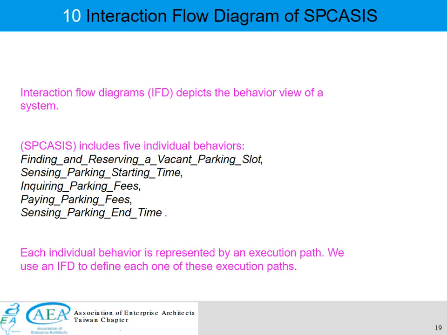Chapter 10. Interaction flow diagram of smart parking IoT system. Interaction flow diagram IFD depicts the behavior view of a system. SP cases include the following 5 individual diagram behaviors.